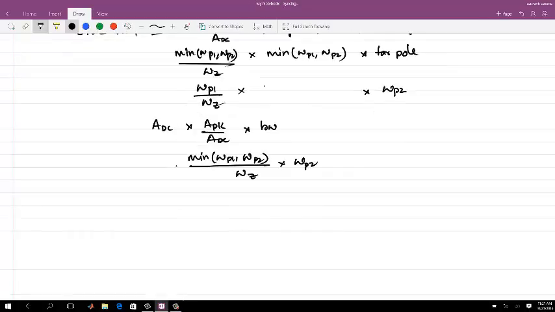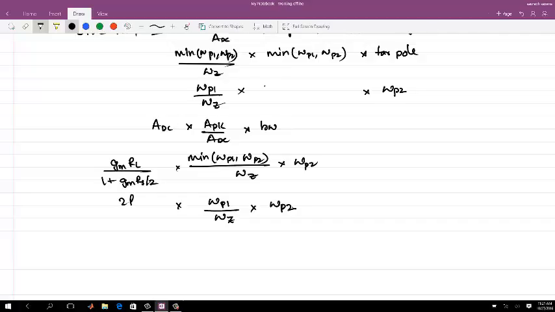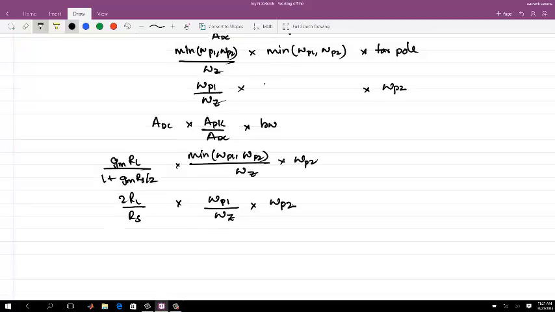Okay, and the DC gain is GM RL by 1 plus GM RS by 2, this into omega P1 by omega Z into omega P2. This I can say is 2RL by RS. This one is 1 by omega P1.